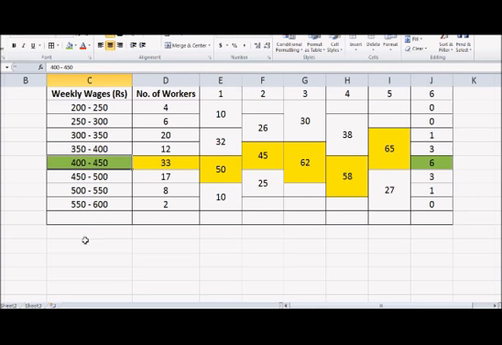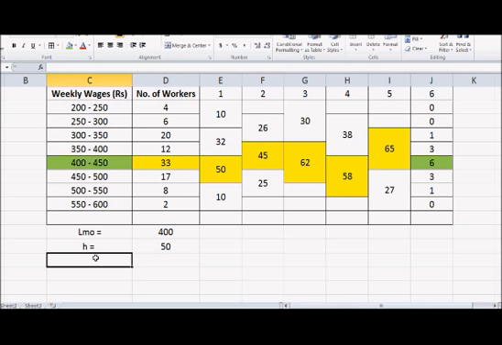So my lower value of the model class is 400. What about the width? Of course, the width of the model class is 50, because that's the difference between the lower and the higher value.